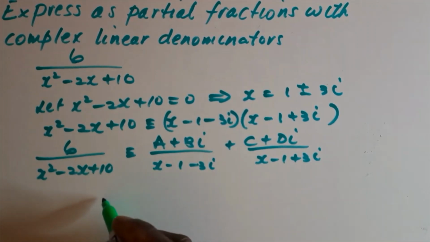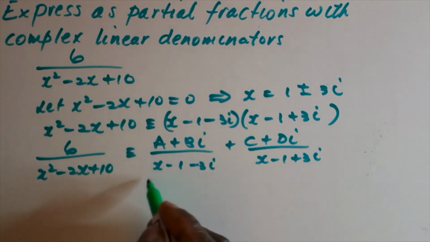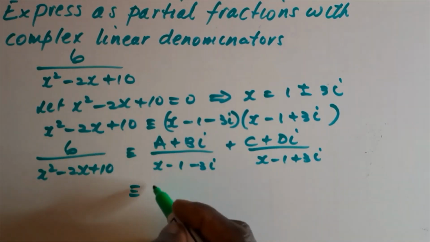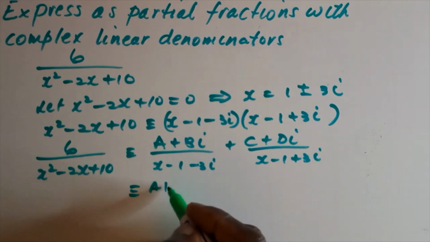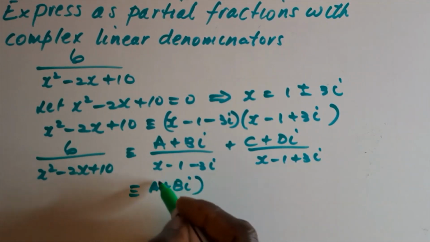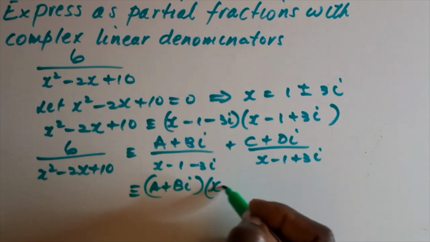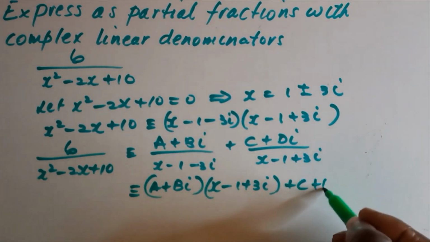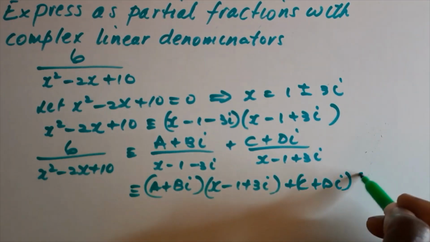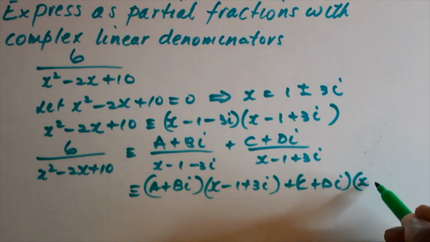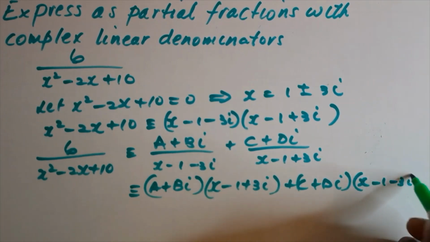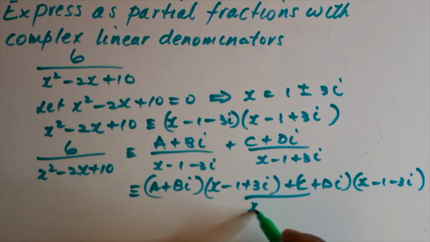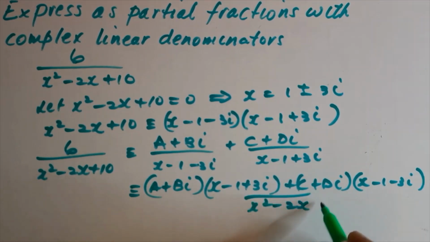And we can now write, if we cross multiply in this direction, we have a add bi times x minus 1 add 3i, and c add di times x minus 1 minus 3i, and all of this over x squared minus 2x add 10.